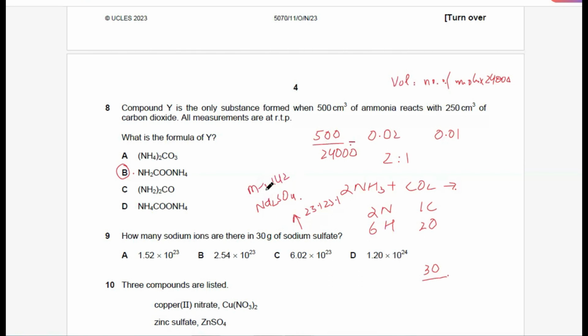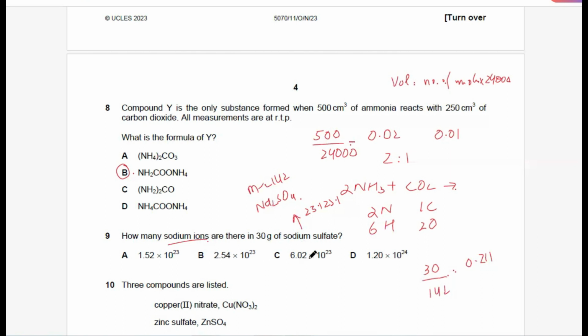So 30 divided by 142 is 0.211. These are the moles of sodium sulfate. Okay, it's about the sodium ions. In 1 mole of sodium sulfate, 2 moles of sodium ions are there.